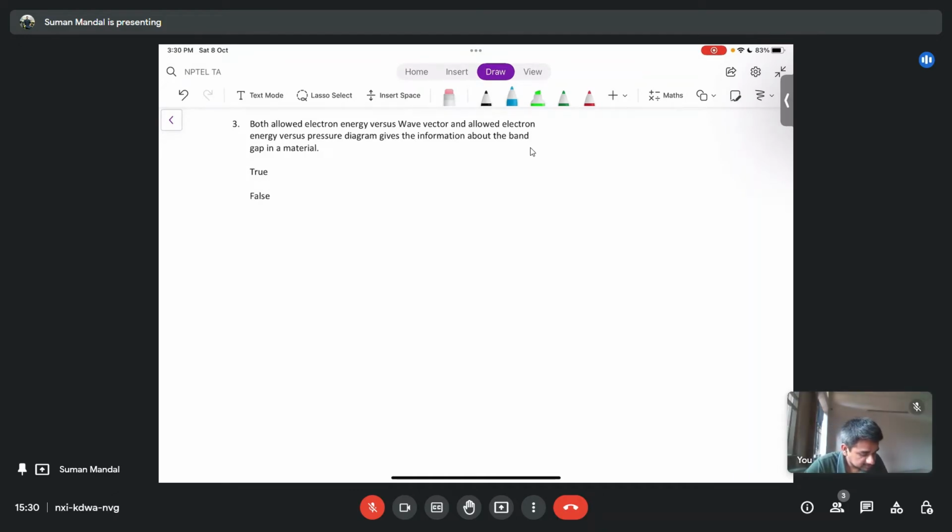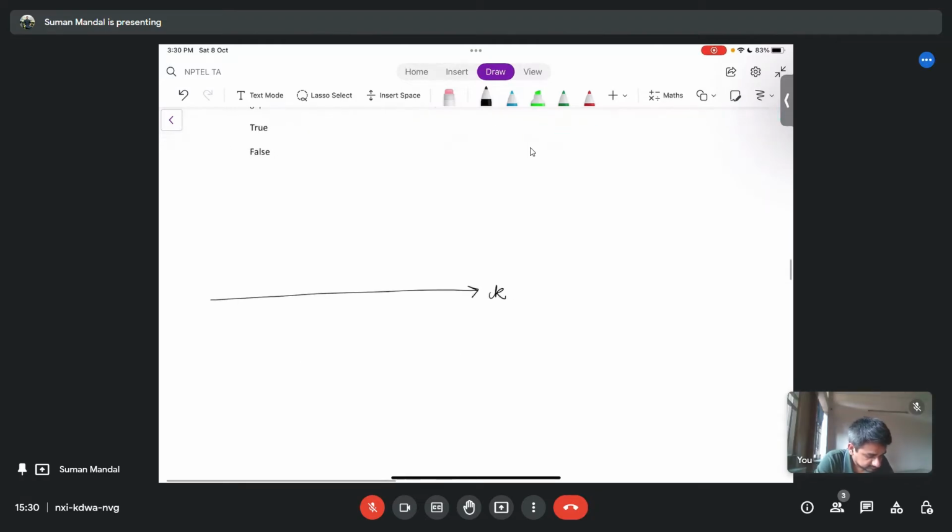I will again draw what it looks like. So we have the wave vector or h cross k crystal momentum, whatever you're comfortable with, and we have energy on the y-axis. And we had discussed that there are Bragg planes, which are perpendicular bisectors of reciprocal lattice vectors.